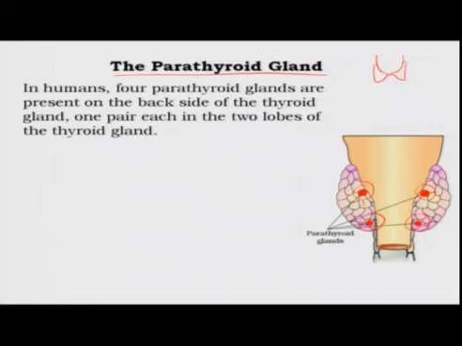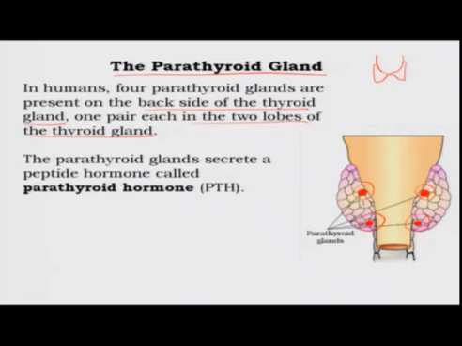These are the 4 parathyroid glands, present on the back side of the thyroid gland, one pair each in the 2 lobes of the thyroid gland. The parathyroid gland predictably secretes a peptide hormone called parathyroid hormone, abbreviated as PTH.